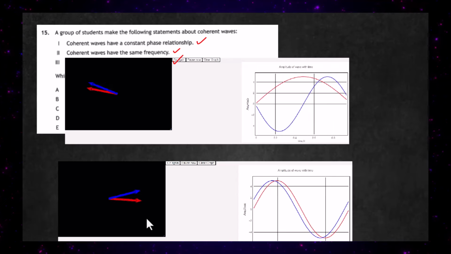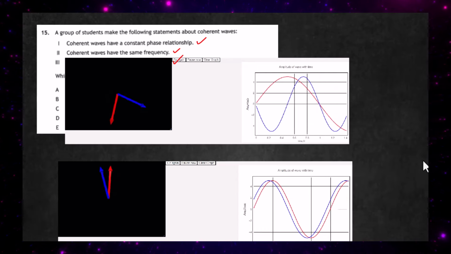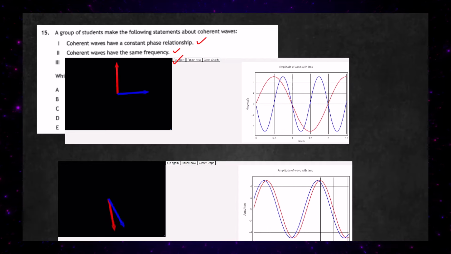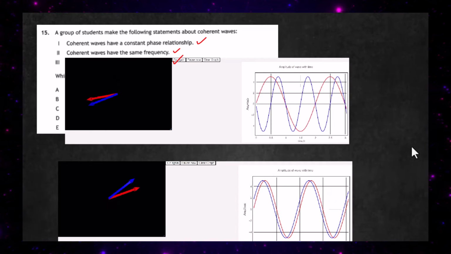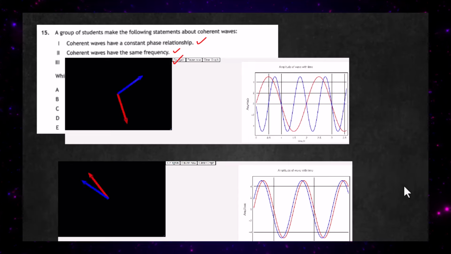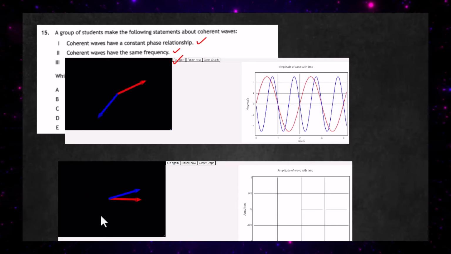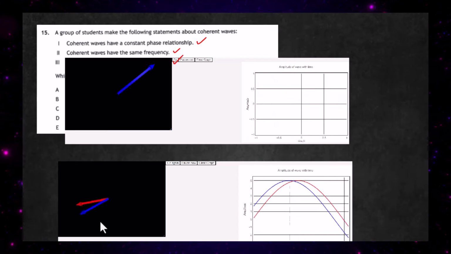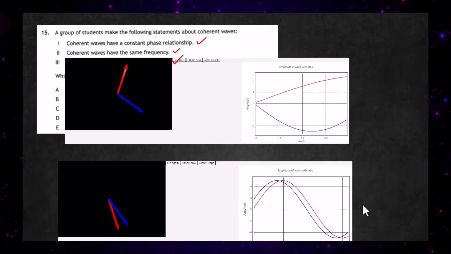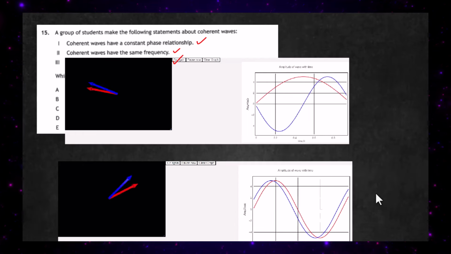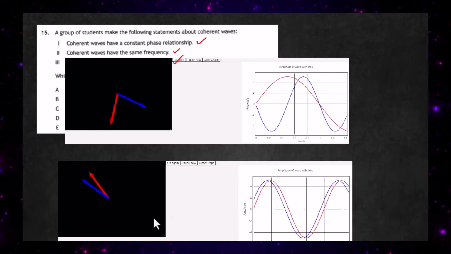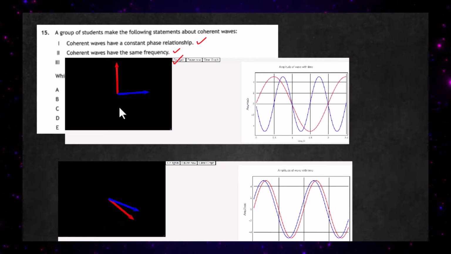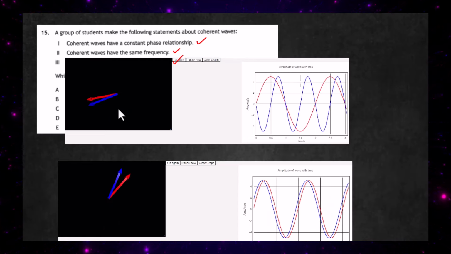But if we look at the bottom picture, we can see that the two waves travelling along keep the same time apart. They keep the same distance apart, if you can think of it that way. And in terms of wave language, this wave here has what we call a constant phase difference. The difference between the red hand and the blue hand is always the same. So that's what we mean by a constant phase difference. This set of waves has a constant phase difference. This set of waves hasn't a constant phase difference.